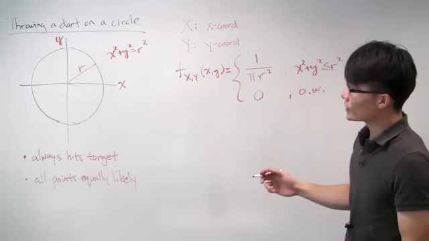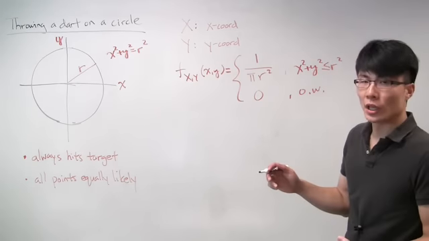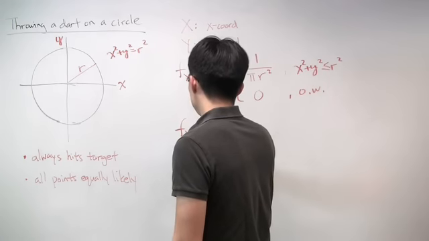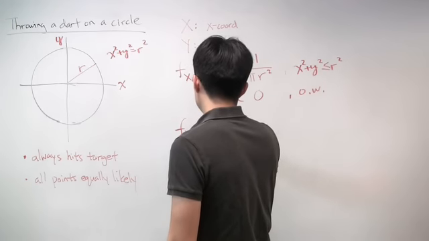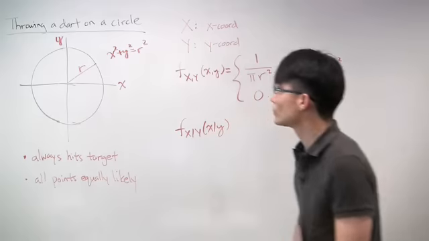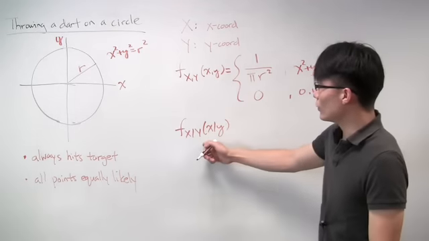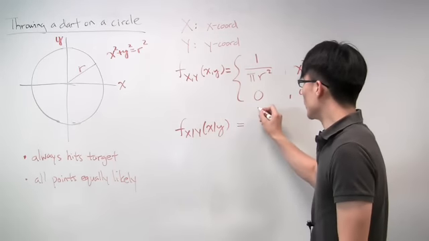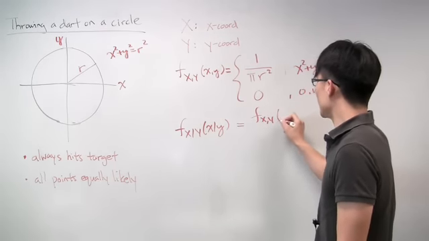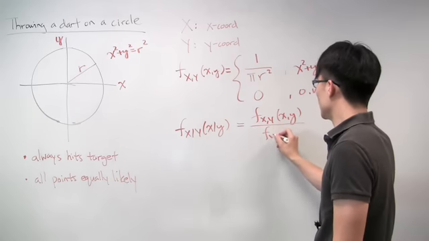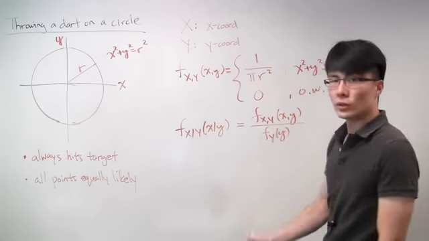Then the second part asks us to find the conditional distribution of x given y. What is the distribution of x given y? We can calculate that by taking the joint PDF of x and y and dividing by the marginal of y.